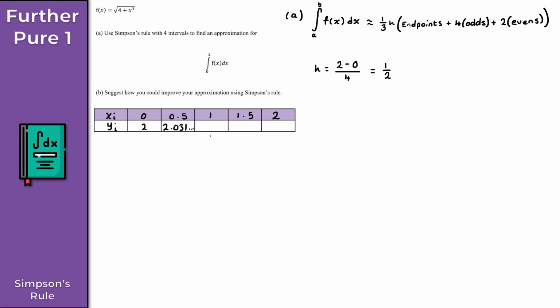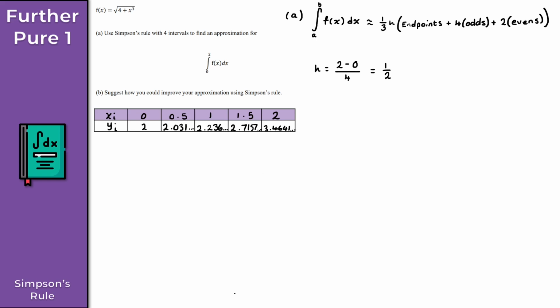Do try and keep as much accuracy as you can as you go, just so that we can ensure our final answer is accurate, and we haven't lost any accuracy in terms of rounding within the question. When x equals 1, we get 2.236, and so on. When x equals 1.5, we get 2.7157, and so on. And then finally, when x equals 2, we get 3.4641, and so on.